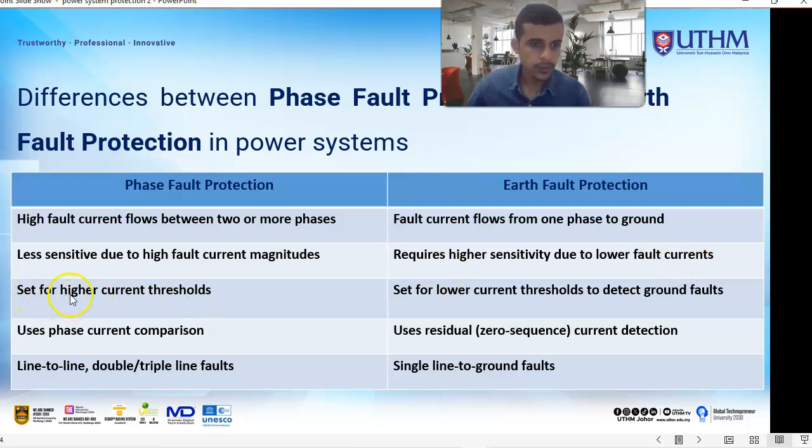Phase fault is set for a higher current threshold, and earth fault is set for a lower current threshold to detect ground faults. Phase fault uses phase current comparison, and earth fault uses residual or zero sequence current detection. Phase fault protection is used for line-to-line or triple line faults, and earth fault for single line-to-ground faults.